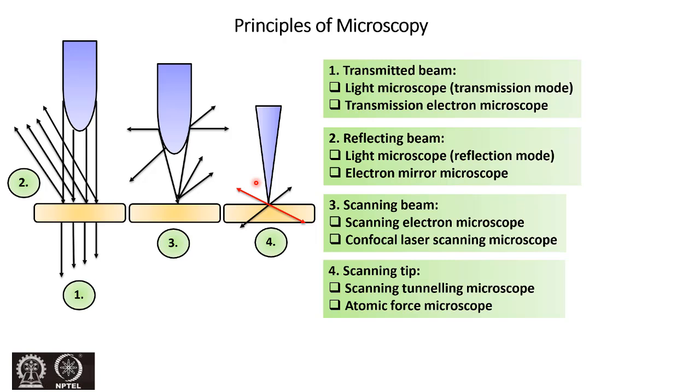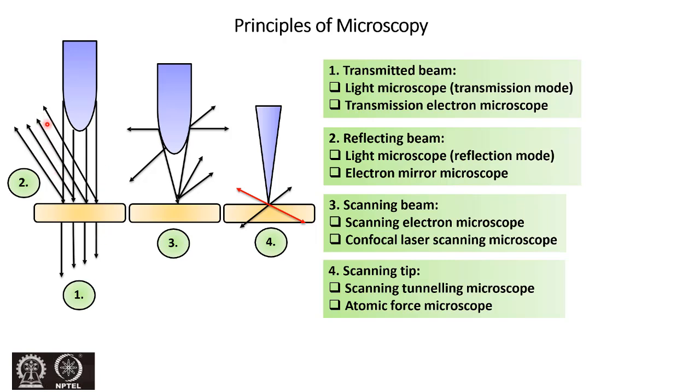Then there are basically four principles of the microscopy. The first one is the transmitted beam, which in the light microscope or optical microscope we use in transmission mode, and the TEM also uses the same transmission. Electron microscope also uses the same principle of transmitted beam. Then we have a reflecting beam.